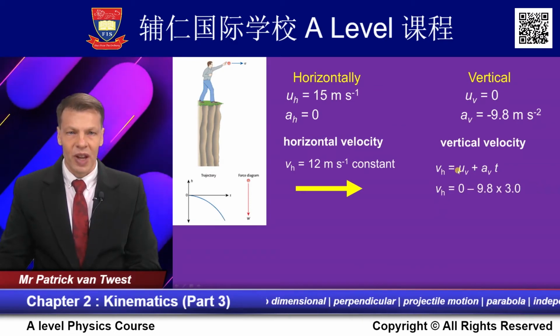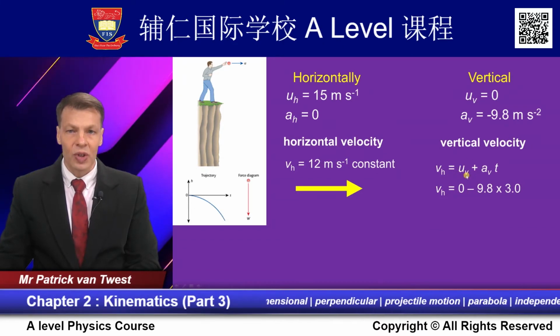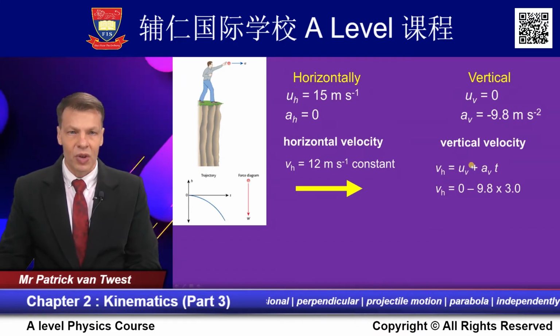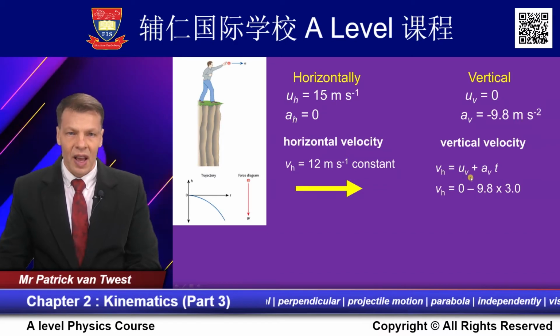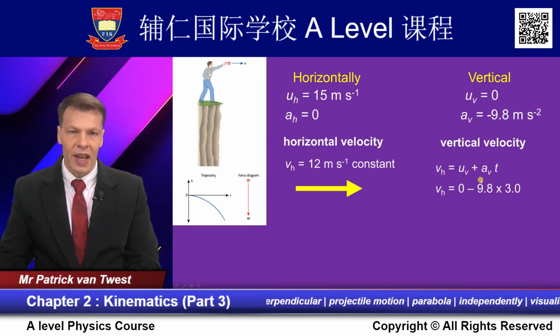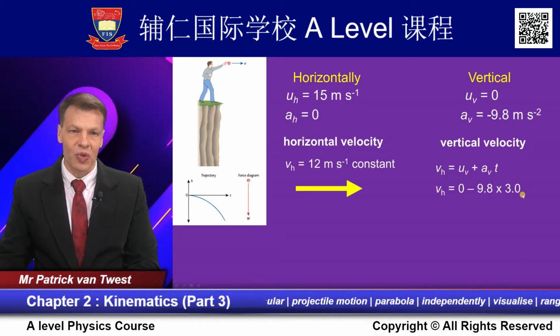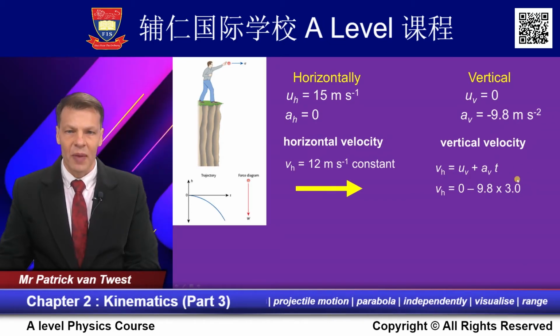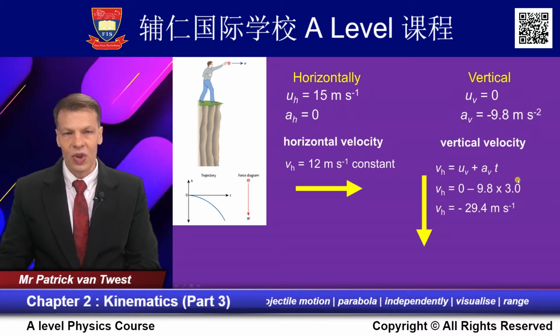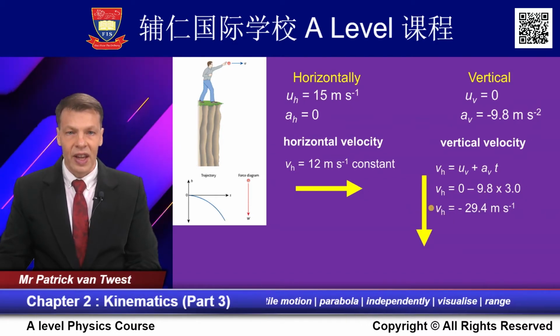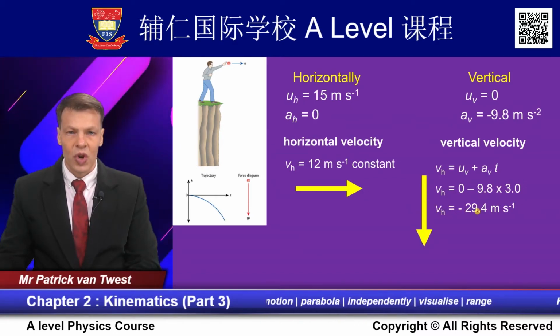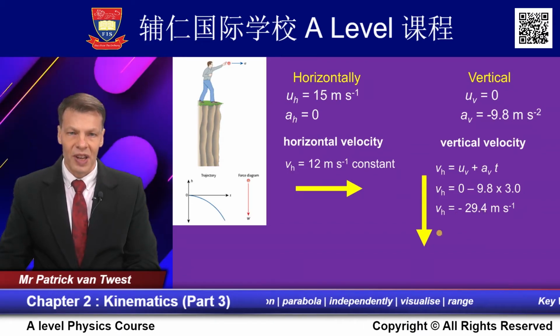So if I put in the values, remember the initial velocity vertically was 0 because it was all horizontal, the initial speed, and then I'm taking away 9.8 meters per second every second times 3 seconds. That was the time when it hit the ground. So if I calculate that, I get a vertical velocity of 29.4 meters per second downwards.